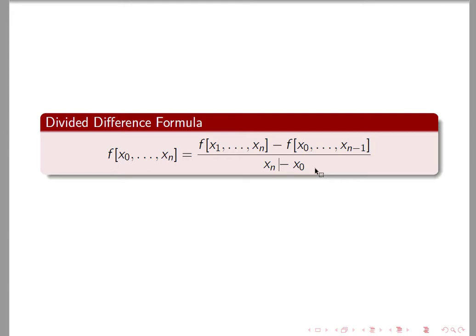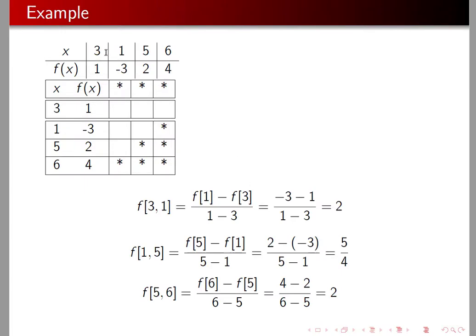I'm going to work out some examples by hand for you, so you shouldn't have to remember it like that. You need to work through some examples to get this in your muscle memory. But let's look at one first. I have my data: 3 paired with 1, 1 paired with -3, 5 paired with 2, and 6 paired with 4.